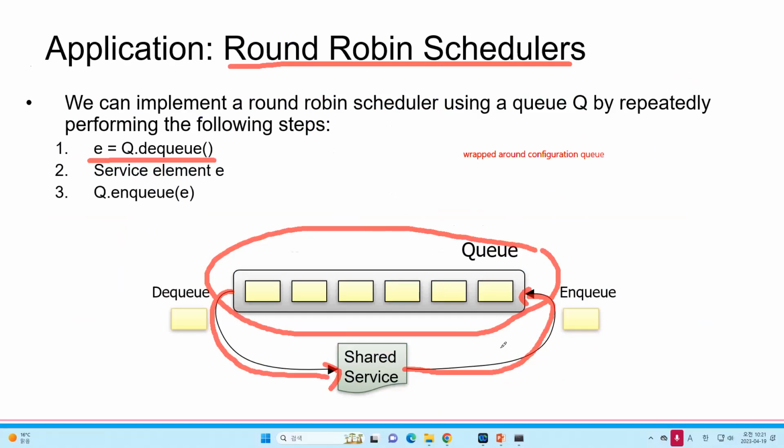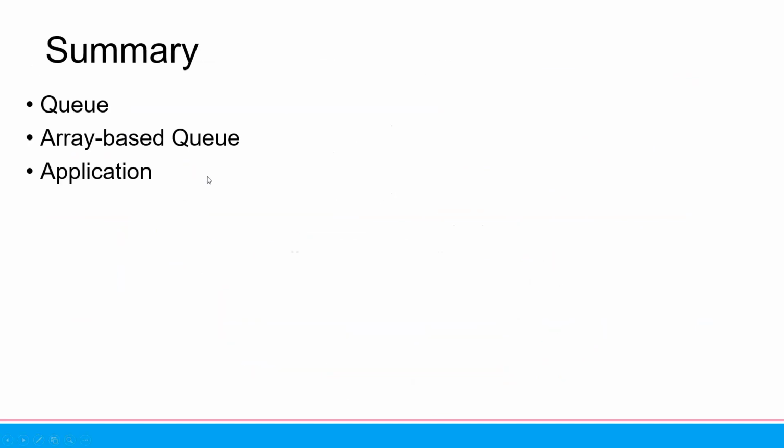You have a big room for the queue, and when you do the check-up, you go to one room and then back to the queue, and then you go to another room and then go back to the queue, and so on. So in that case, we can apply this round robin scheduler. So let's take a look at the code.